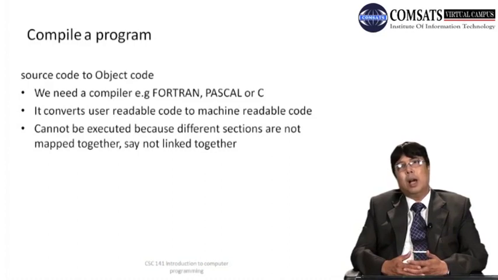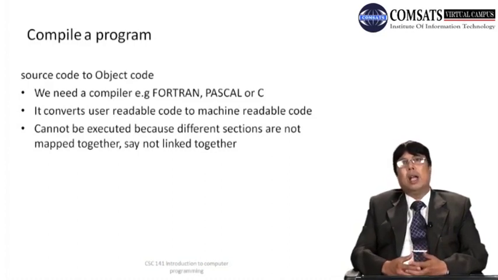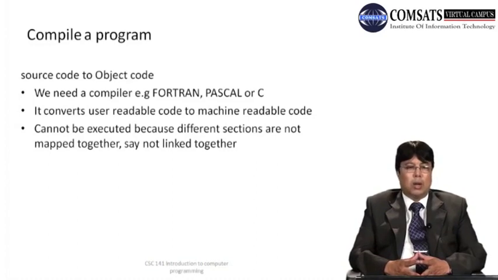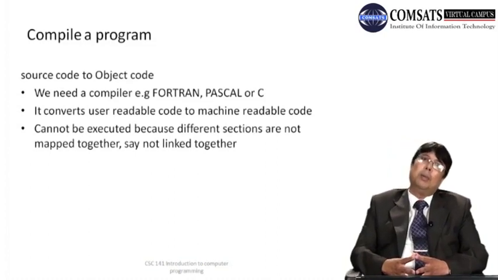Object code is basically machine code. But you cannot execute this machine code because different sections of the code are not mapped together. We call it not linked together. A few minutes back I just explained variables.